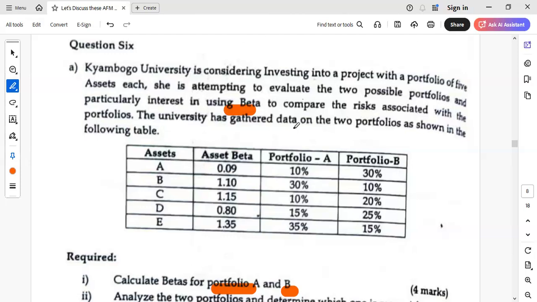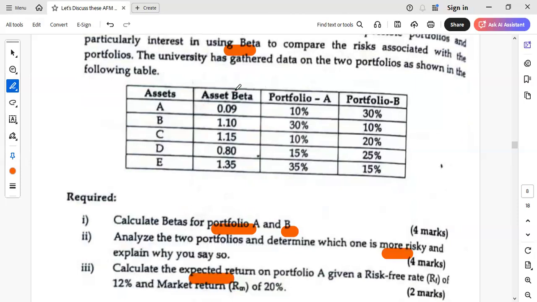The university has gathered data on the 2 portfolios as shown in the table below. You have the assets, you have the asset beta, then you have the portfolio A and B.